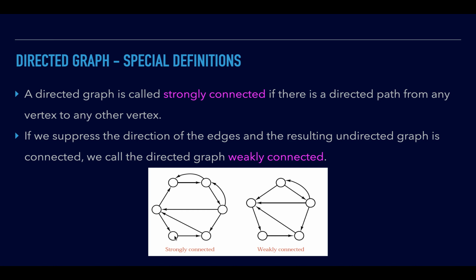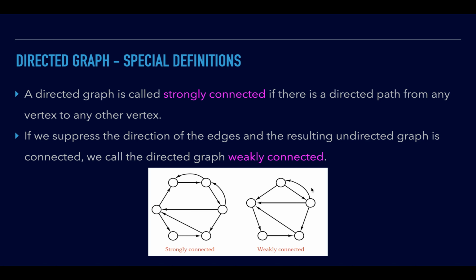Suppose you are at this vertex and you are looking at whether you can go from this vertex to that vertex. If I trace the path with this direction information, I have to go from here to here, to this vertex, then to this vertex, then to this vertex. That means this directed graph has a path from any node to any other node.